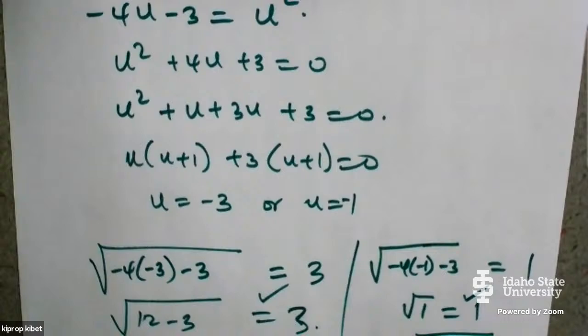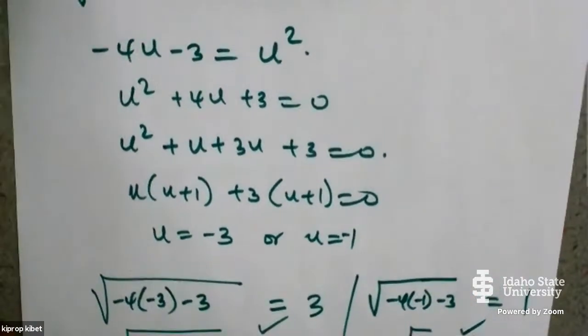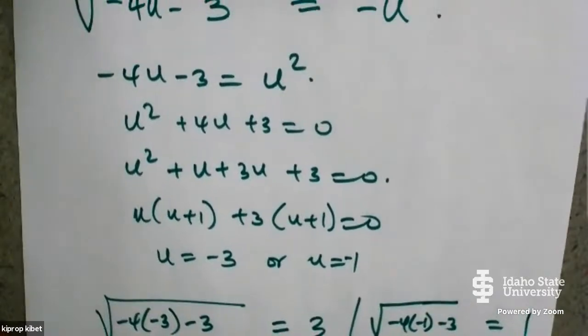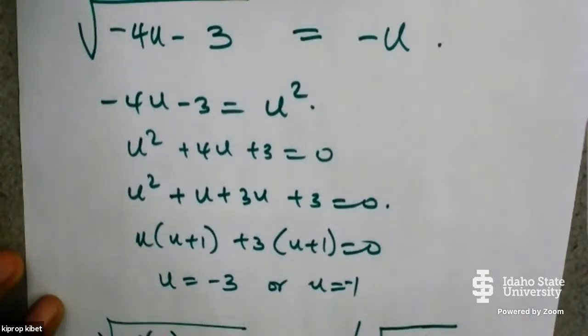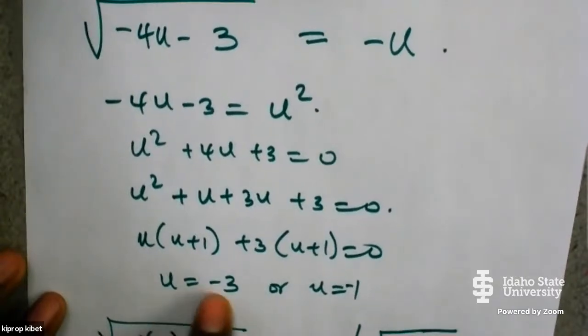I think I have it confused in my mind, but when you did the two numbers, you want them to add together to equal 4 and multiply together to equal 3? Yes. Looking at this solution, u is minus 3.